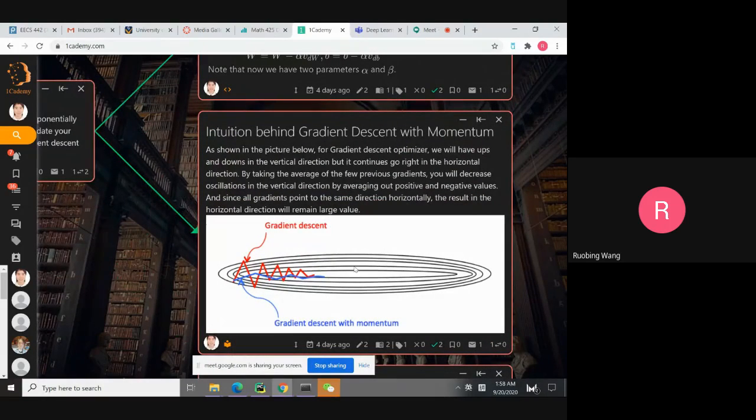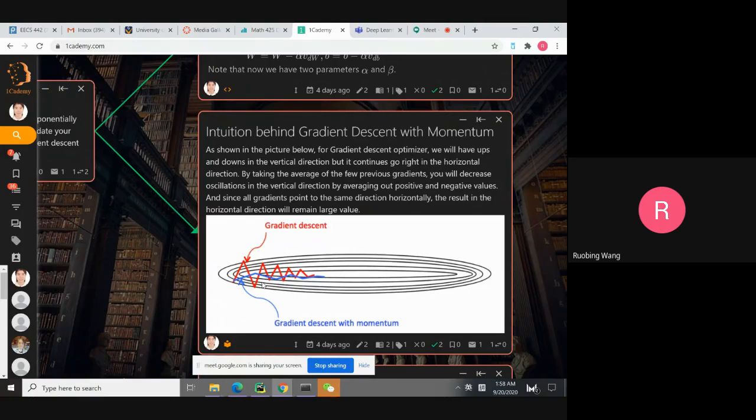And the intuition behind gradient descent with momentum can be explained pretty well by this figure. You can see the red curve here is the gradient descent part. You will have many up and down oscillations because you are updating your models based on a small batch of the data set. So you will get close to your optimized model, but in each iteration, sometimes you will get a better model and sometimes a worse model.